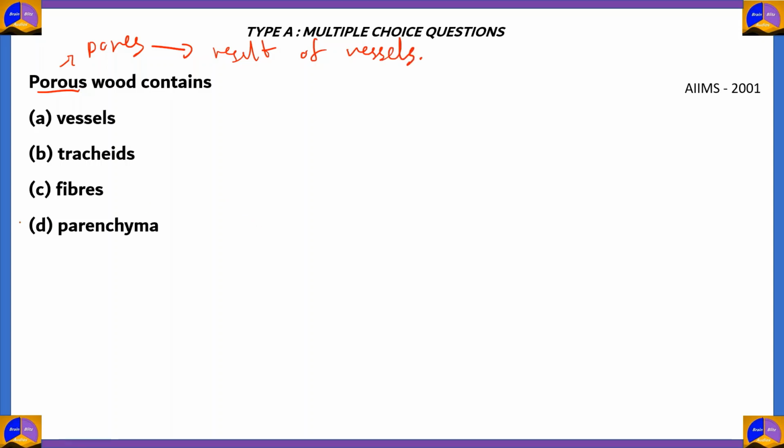And so option D, parenchyma, is incorrect. Option C, fibers, is incorrect. Option B, tracheids, is incorrect. The right answer is option A, vessels, because it is as the result of vessels that porous wood gets the pores in it, and xylem is more prominent.